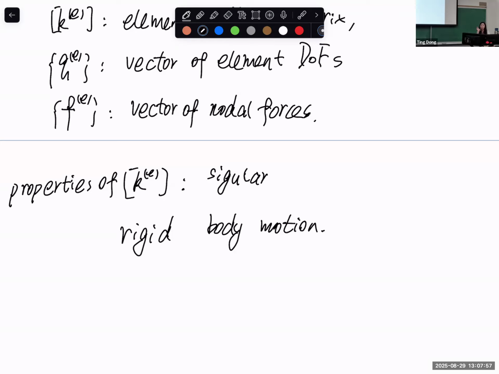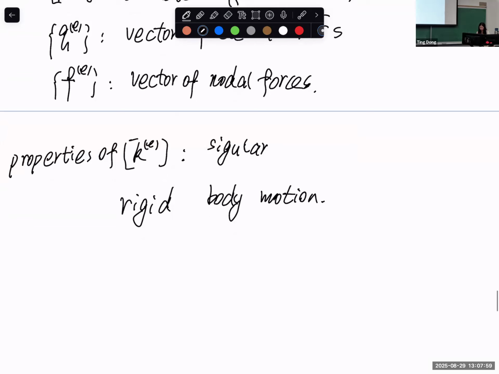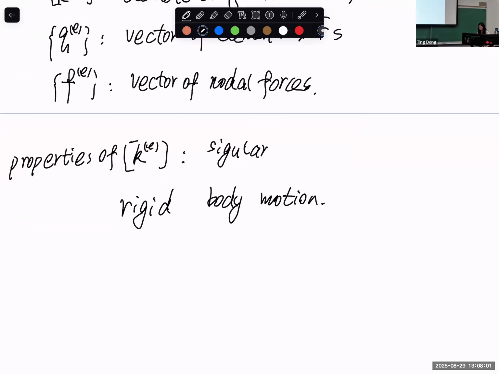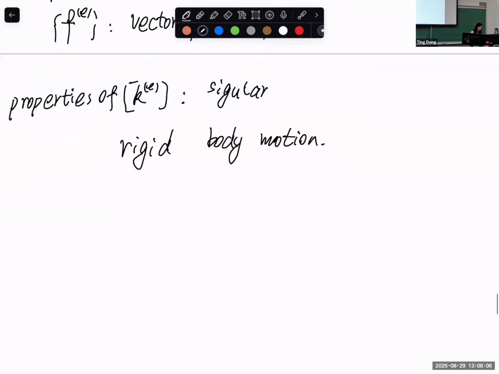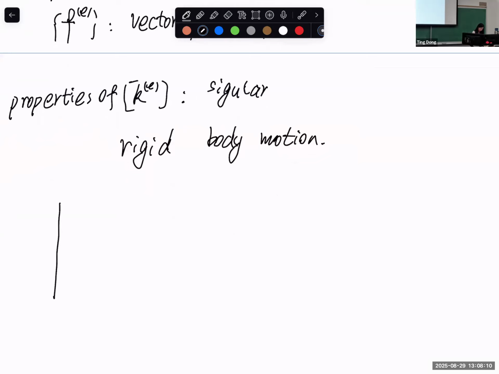So this is for one spring element, but of course, most of the time you don't just get asked to solve one spring element, otherwise there's no need to take FEA. So let's say we have a system with two elements.